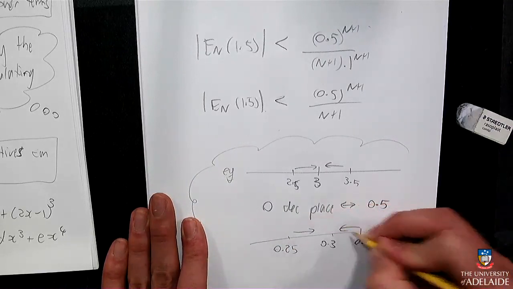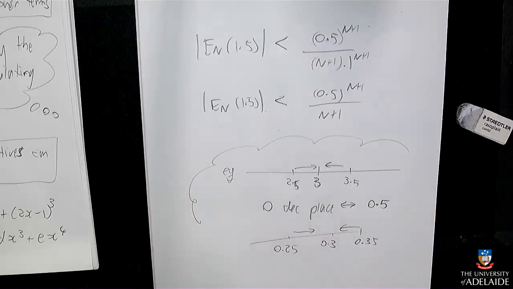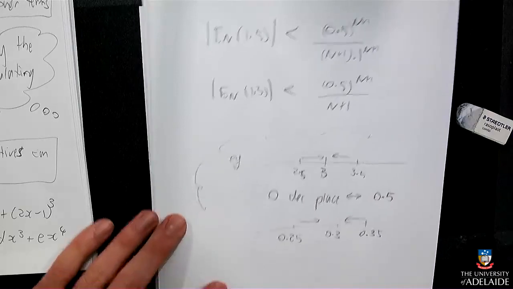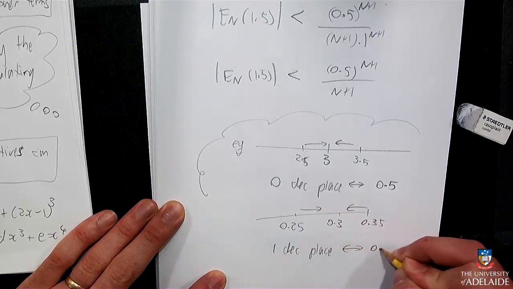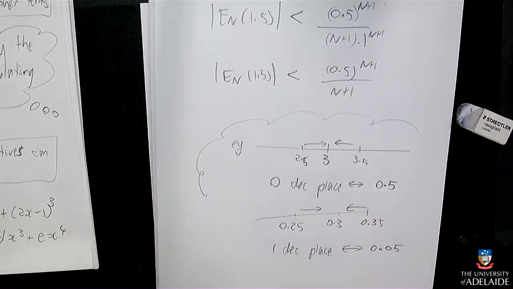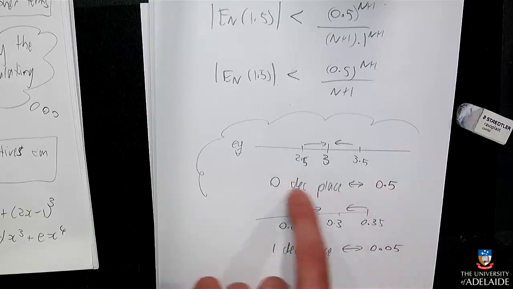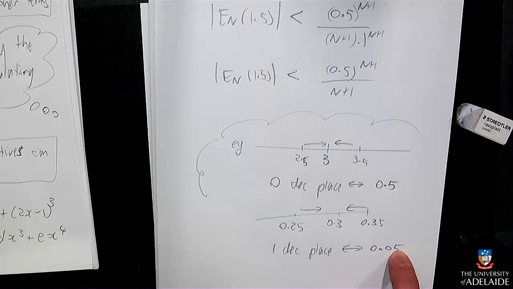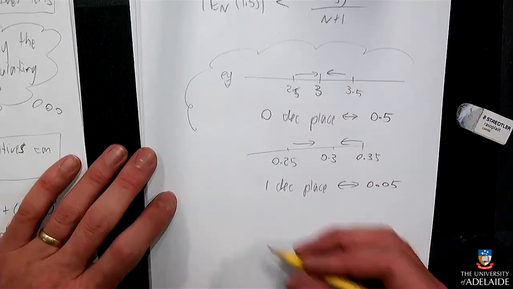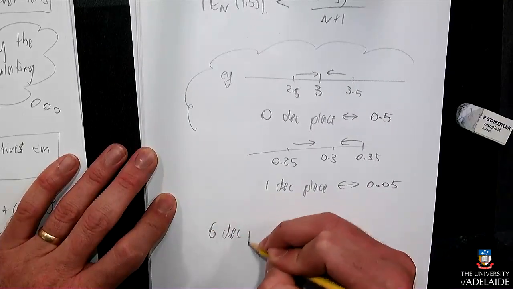These would round off to that because we'd get the first decimal place right. If the second decimal place was between 2.45 and 2.55, we'd round off to the first decimal place to get a 3, which is the one we were thinking of. So 1 decimal place means that the difference is 0.05. And the pattern continues: no decimal places has no zeros before the 5, 1 decimal place has 1 zero before the 5, and therefore continuing to 6 decimal places of accuracy.